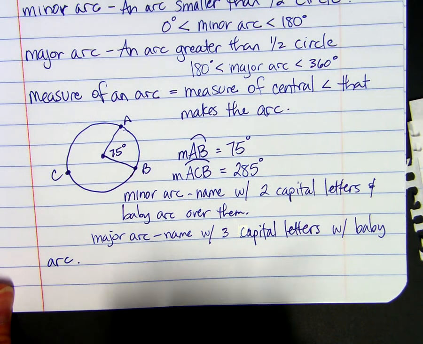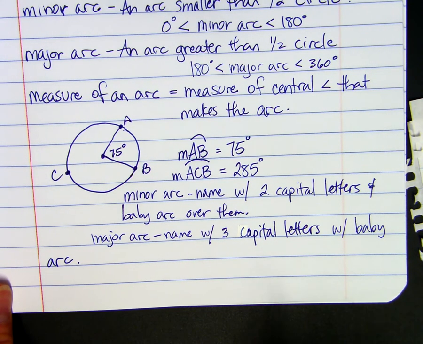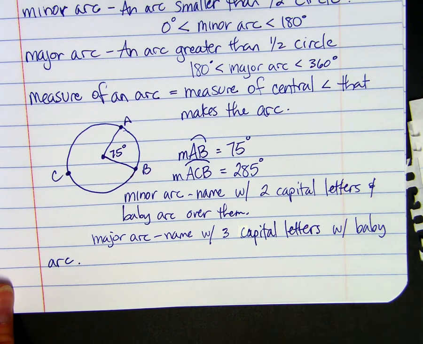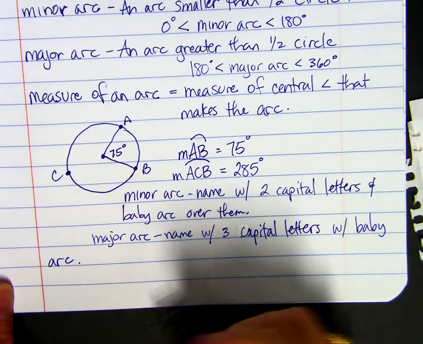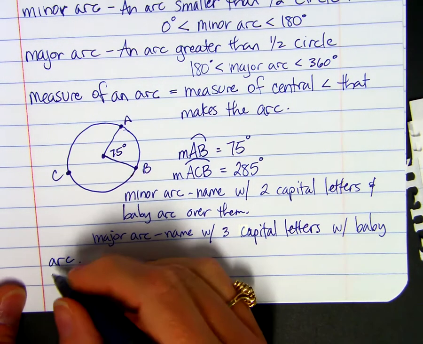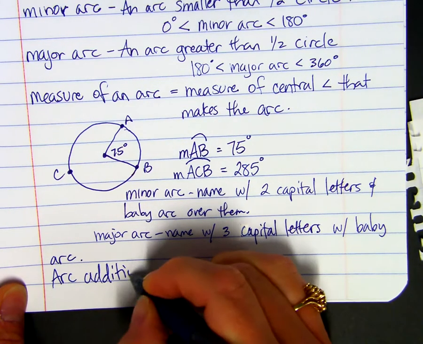There is what's called an arc addition postulate. It reminds me of the ruler postulate that just says if you have 2 arcs that are adjacent, if you add their measures together, you get the measure of the whole arc. So this is called the arc addition postulate.